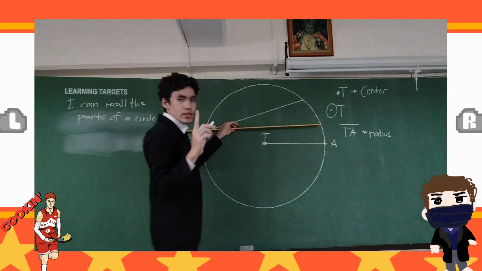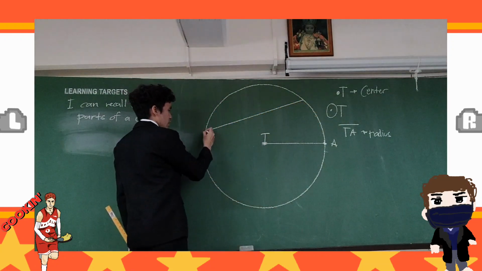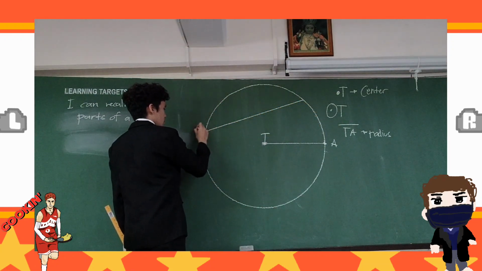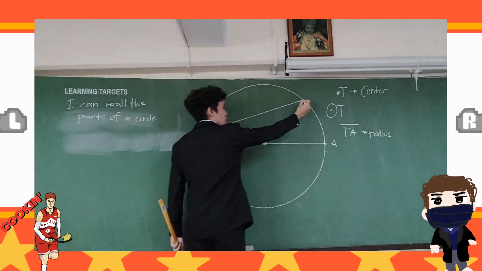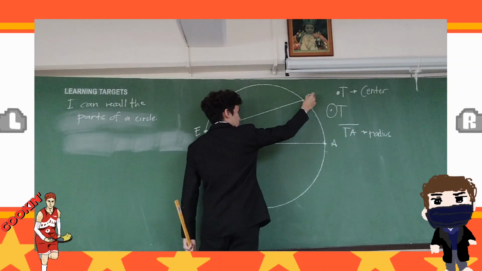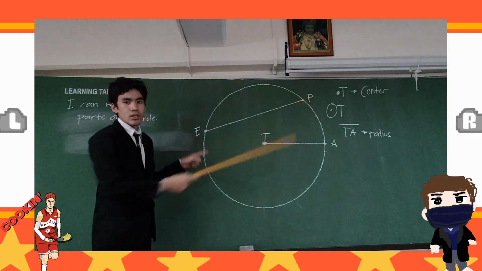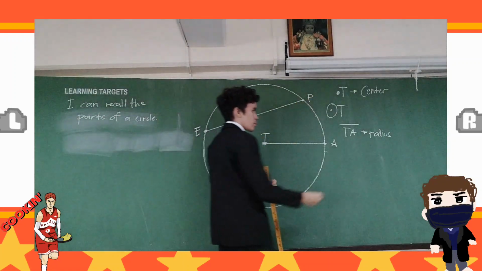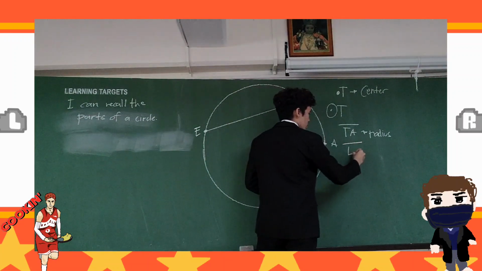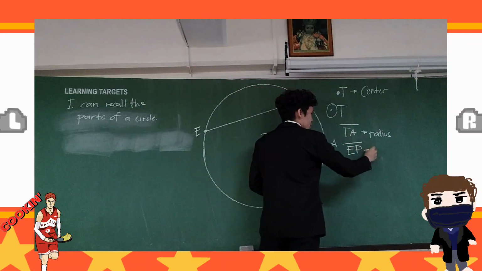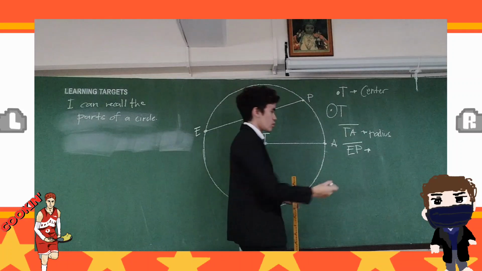connecting 2 points on the circle. Let's say I'll name this as E, and then I'll name this as P. So as you can notice, we have a segment that we can name as EP. Segment EP. And this segment is what we call a chord.